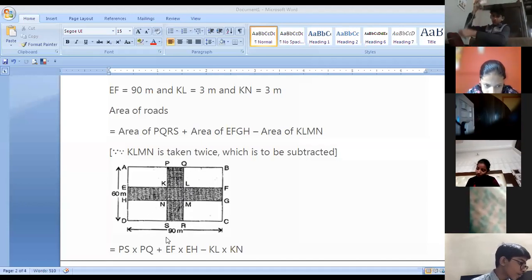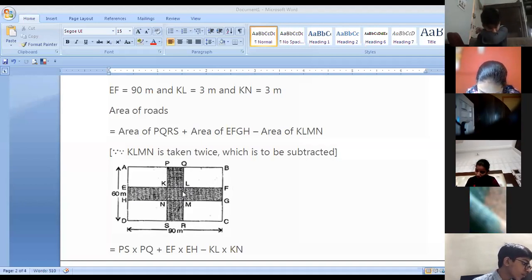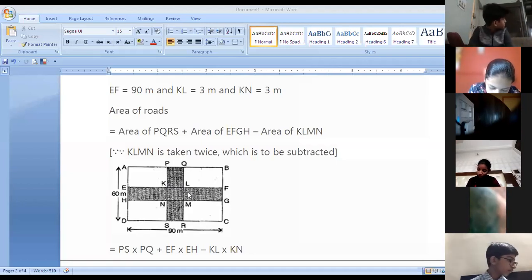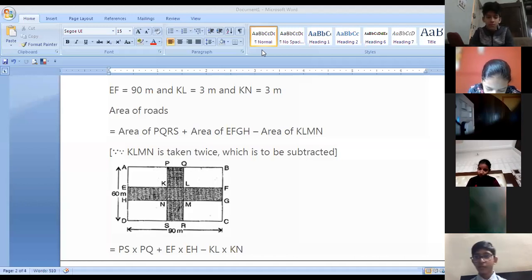So again, PS will be multiplied with PQ and EF will be multiplied with EH, and then the square is subtracted from here. Do it, children. You have already solved this type of question in the previous one.